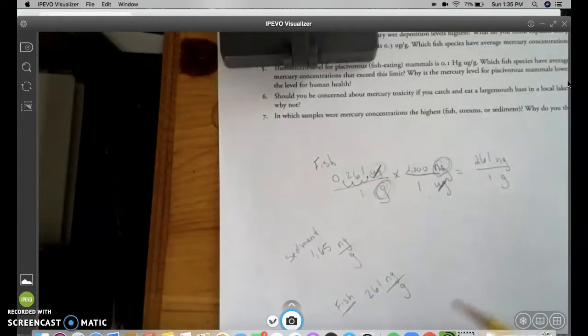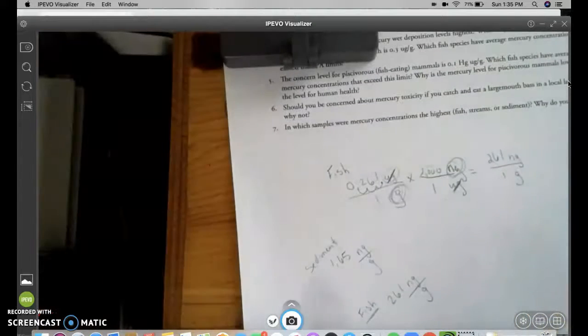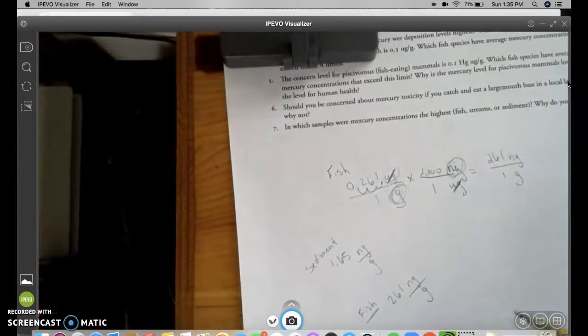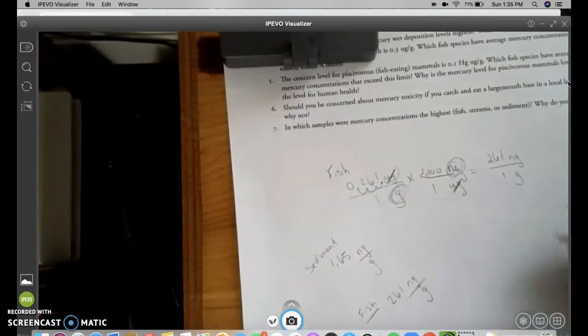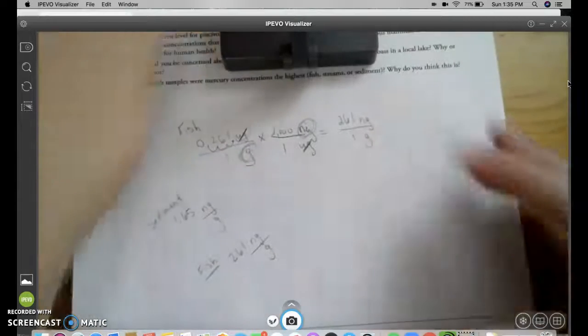All right, so for the final one, being water, when you do water, you're going to have to do the same thing, but you're going to have to convert your liters now. So you're going to have, let me show it to you, set it up.